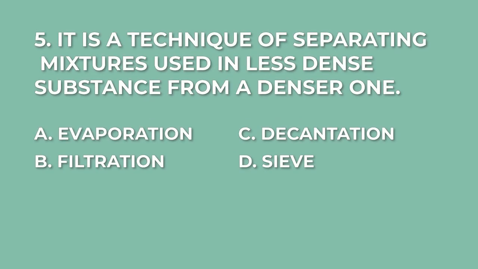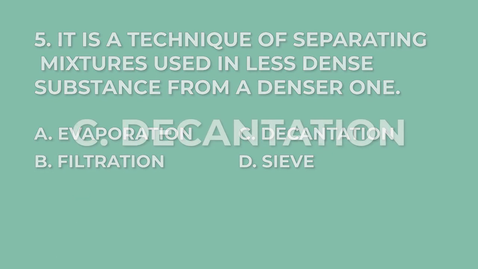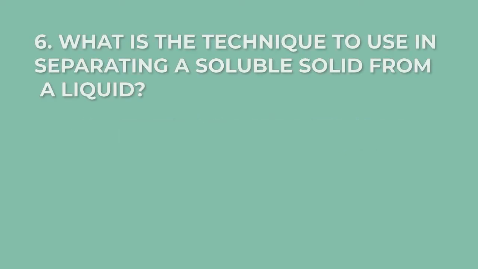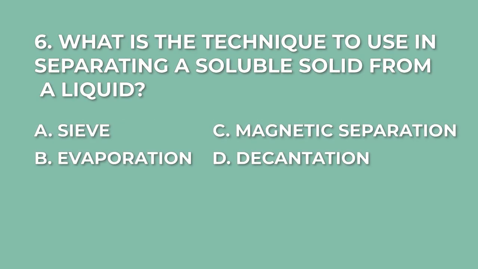Number 5. It is a technique of separating mixtures used to separate a less dense substance from a denser one. The answer is letter C. Number 6. What is the technique used in separating a soluble solid from a liquid?